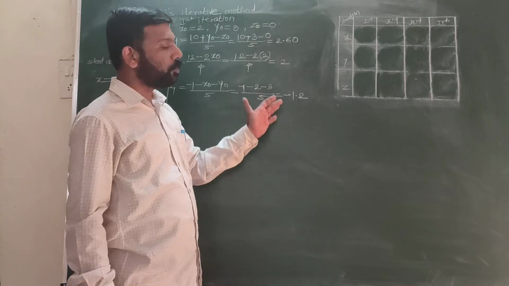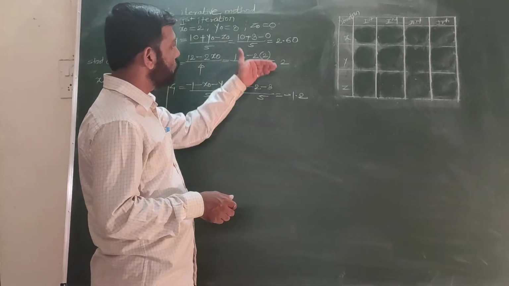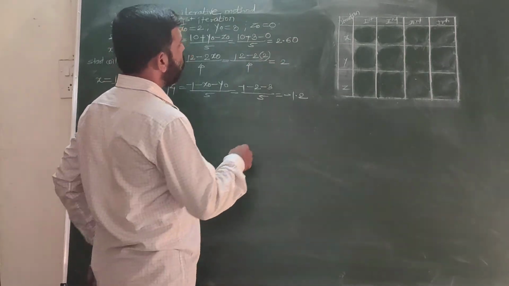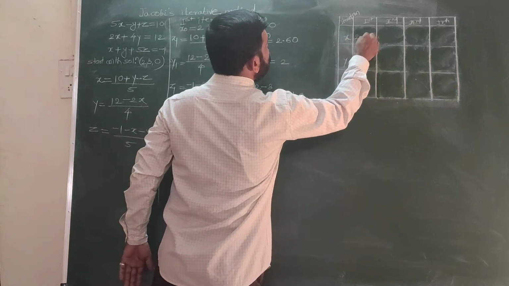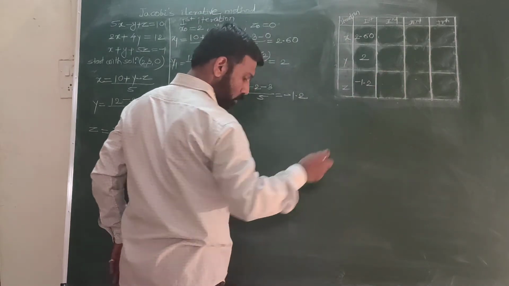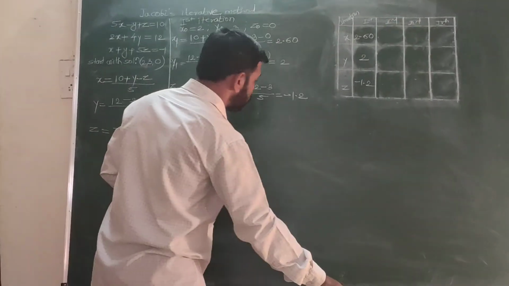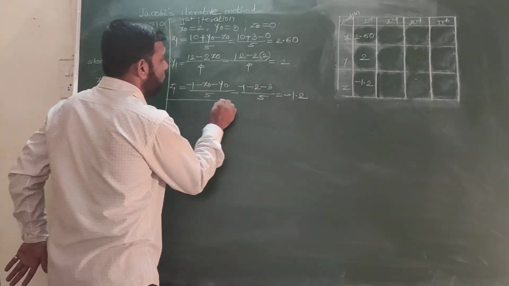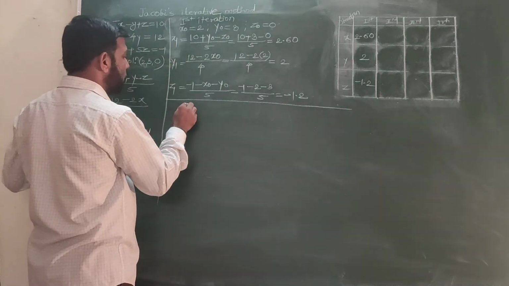So this completes our first iteration. We'll put these values in the table column, first iteration, and continue to the second iteration.